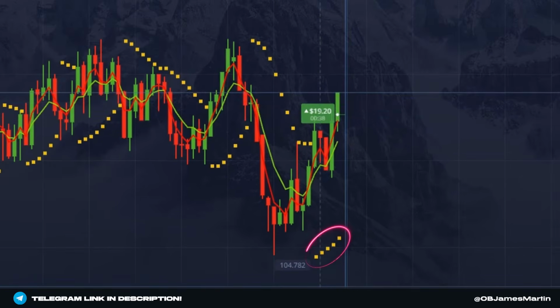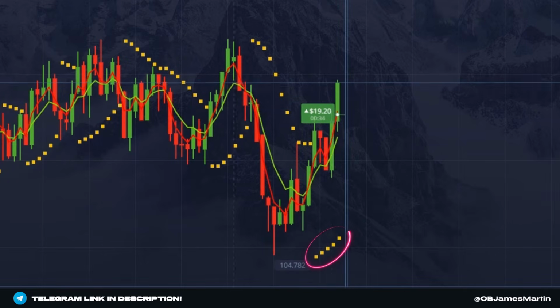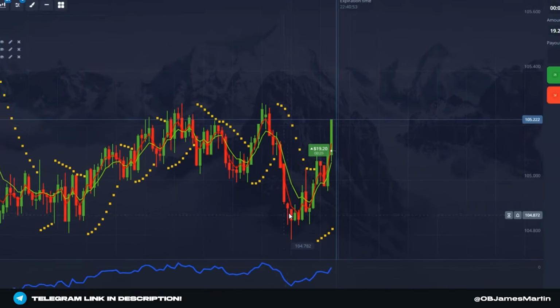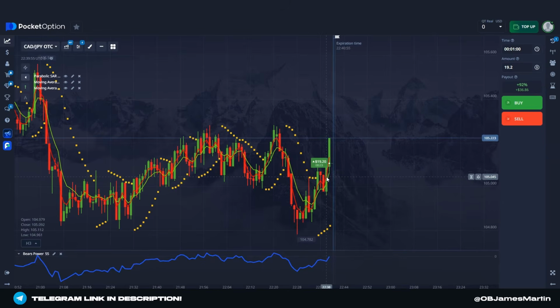The blue line of Bears Power should have an upward direction, guys. I don't know if you can see that white line at this moment. At this point, we got a white line in the middle of the Bears Power, and that helps us. For example, in this case, what's visible on this platform, right? You can see that right here.